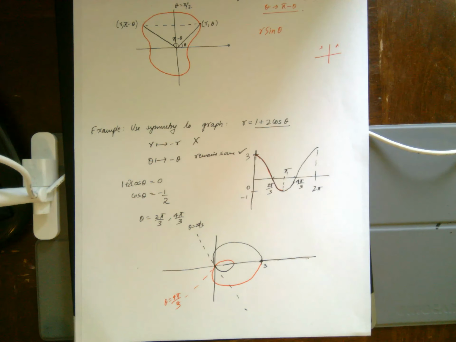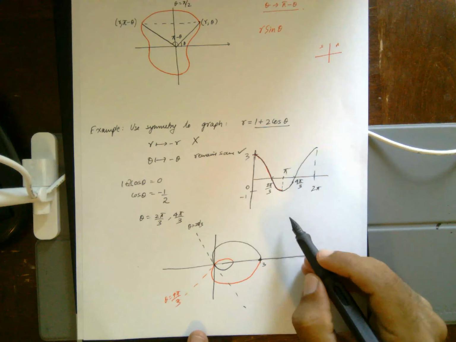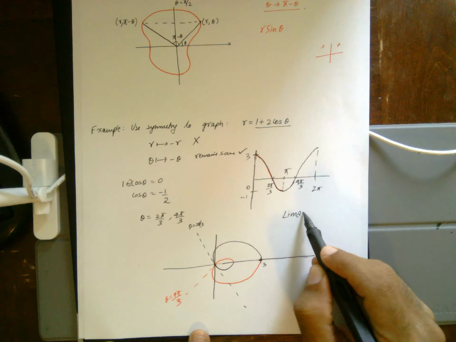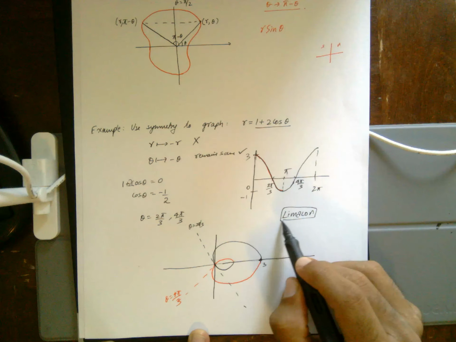So this is an interesting shape. It intersects with itself, right? A self-intersecting shape. And this shape actually has a name, Limaçon or Limaçon, I don't know. It's a French word for snail.